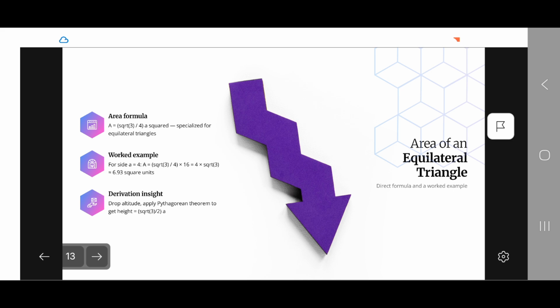Worked example: for side a equals 4, A equals the square root of 3 divided by 4 times 16, which equals 4 times the square root of 3, approximately 6.93 square units. Derivation insight: drop the altitude and apply the Pythagorean theorem to get the height, the square root of 3 divided by 2 times a.